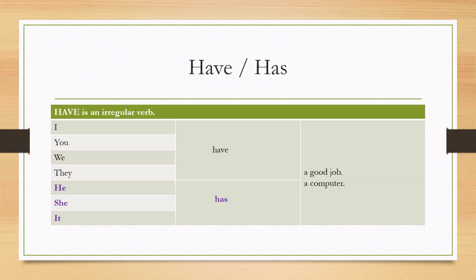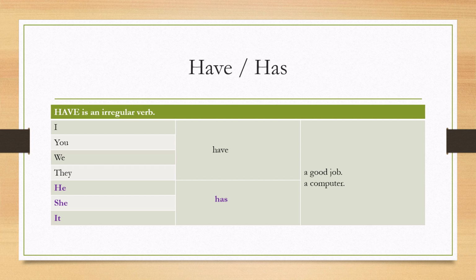Have, has. Have is an irregular verb. Notice when we use I, you, we, and they, the verb is have. We have a good job. They have a computer. However, we use has when it's the third person singular.